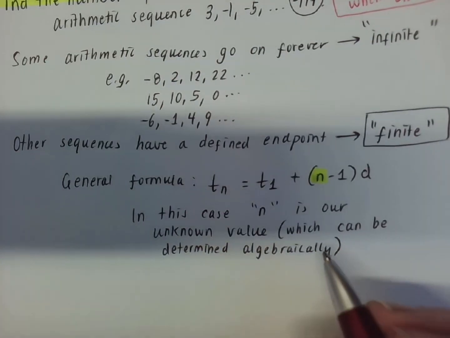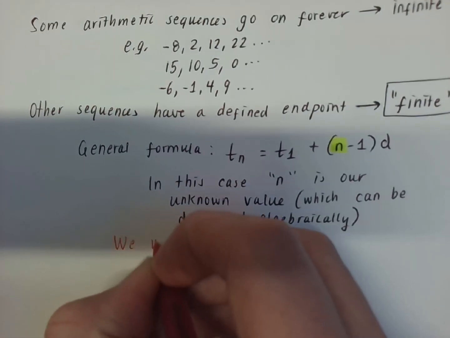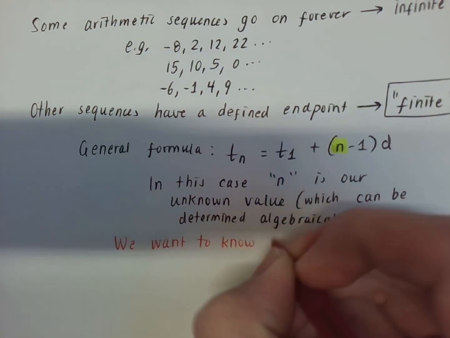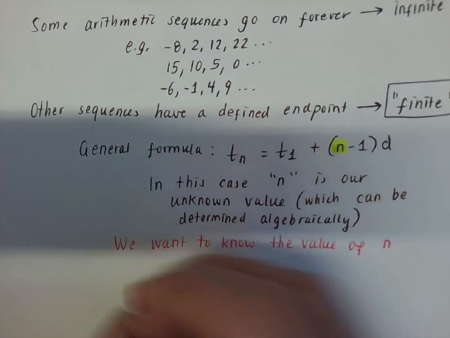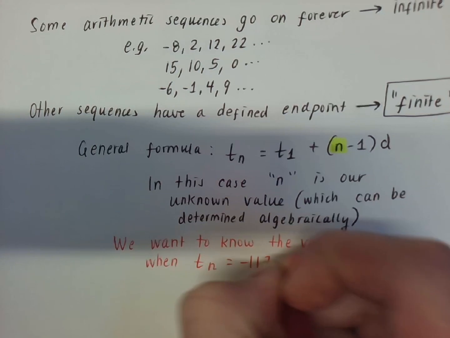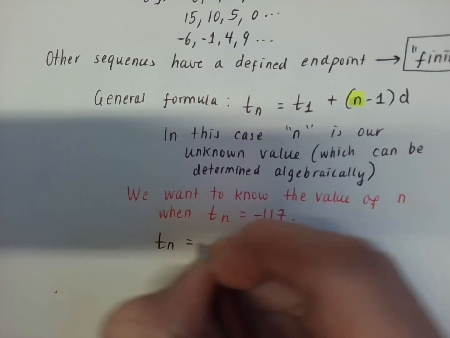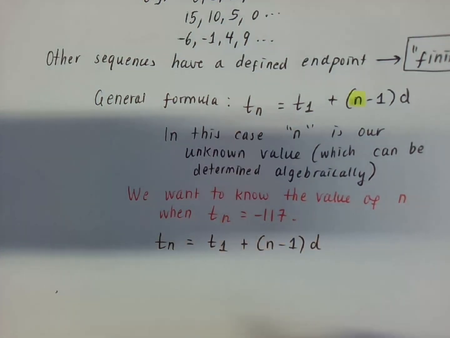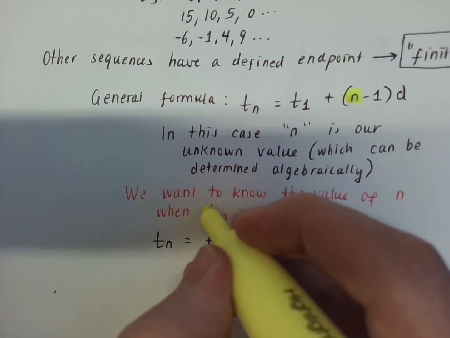To rephrase the question, we want to know the value of n when Tn equals negative 117. So taking our general formula, let's start plugging stuff in.